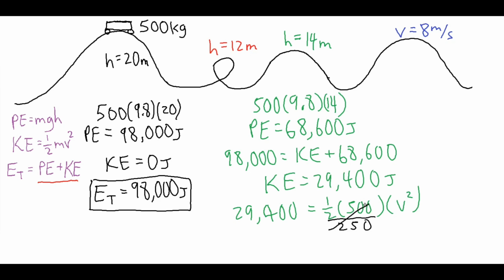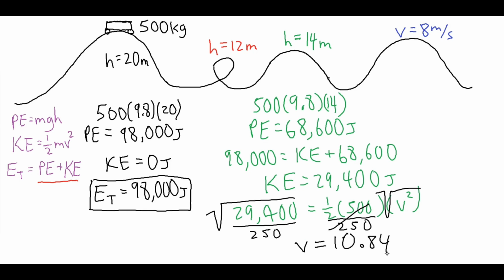So this is going to look the same as before. Divide both sides by 250. Square root it, and then I have my velocity, and now because I'm at a greater height, I should have less velocity than the 12.52 I had earlier, and I do. I have 10.84 meters per second for this hill.